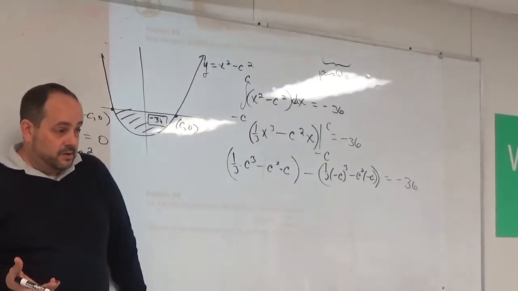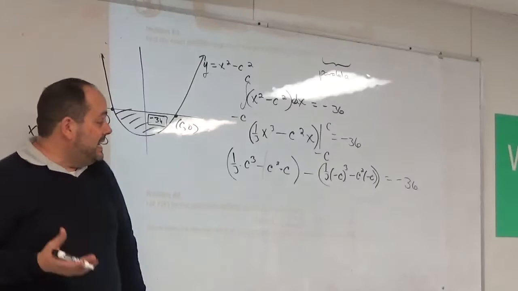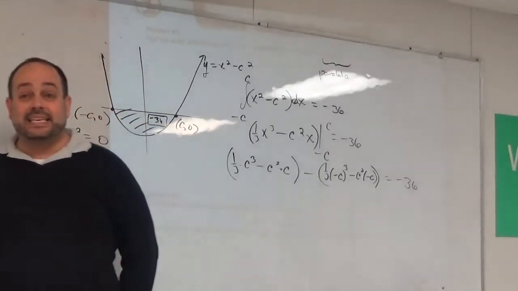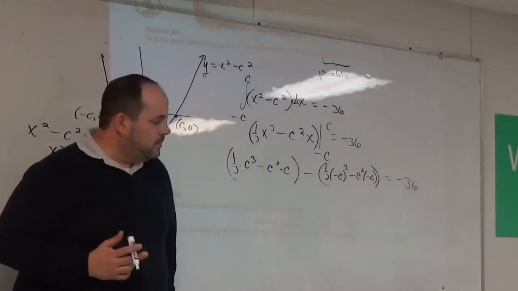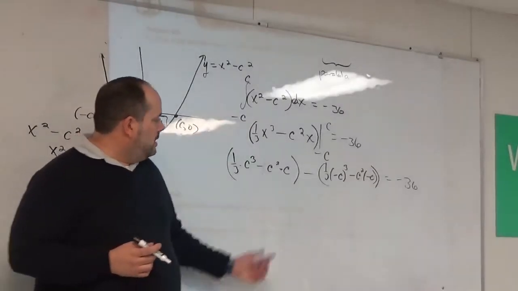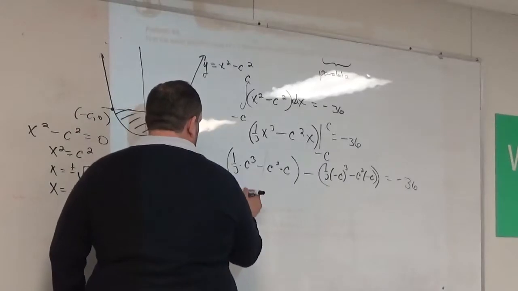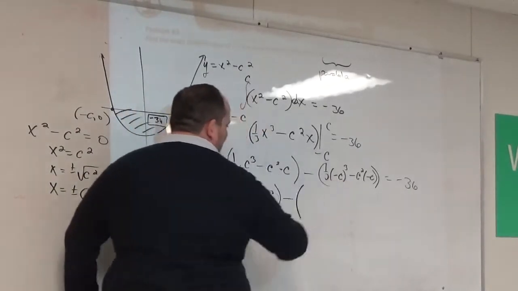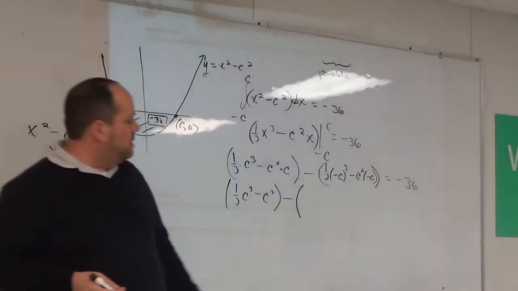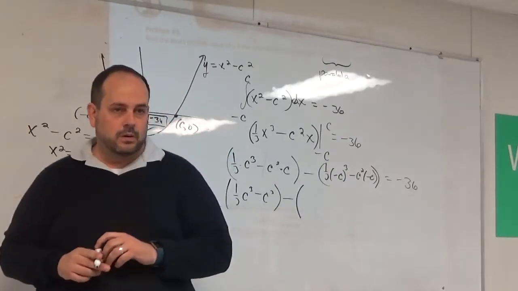There's no more calculus to do. What I need is your algebra skills now. Any legal algebra that anybody sees that might be helpful here? You want to combine the c's? What do you mean? Okay, c squared times c, we have a better way to write this. That's going to be c cubed. So we've got 1/3 of c cubed minus c cubed minus, how about that second parentheses? 1/3 negative c, the whole thing gets cubed.